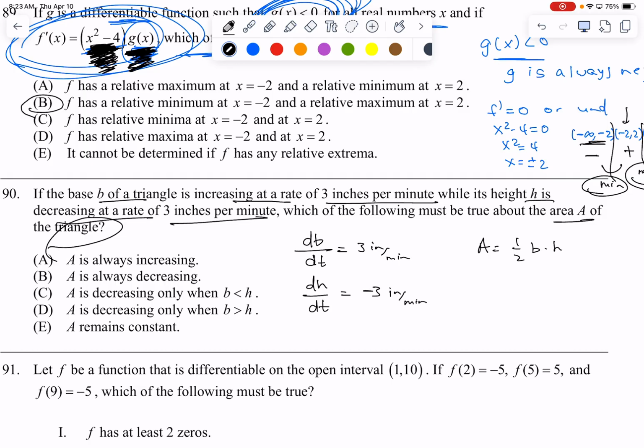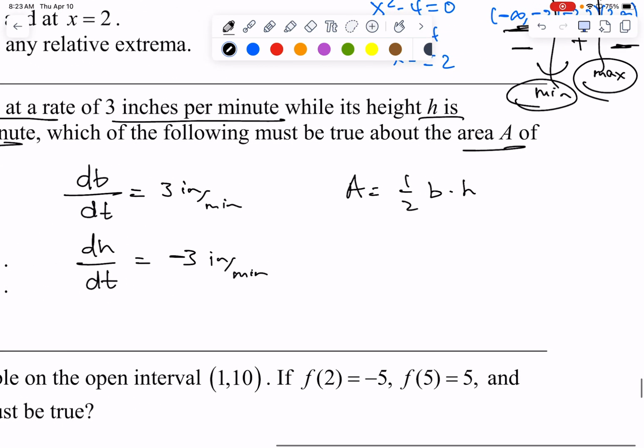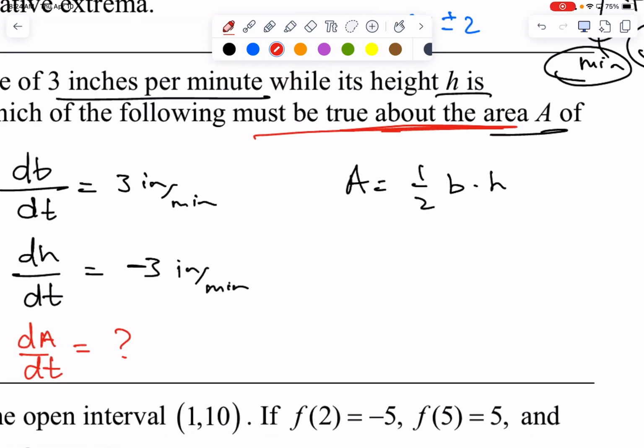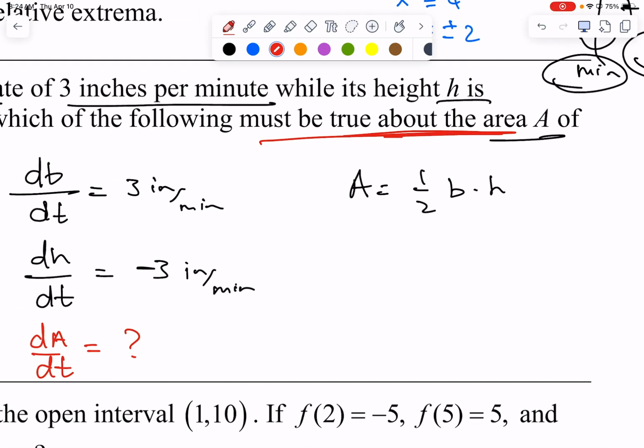All right, can we do the derivative of this implicitly with respect to time? Because they want us to find dA/dt. We want to know something about dA/dt. It says what must be true about the area of the triangle. So how do I do the derivative of this with respect to time? dA/dt equals 1/2 times, what are you going to need for B and H? Product rule.